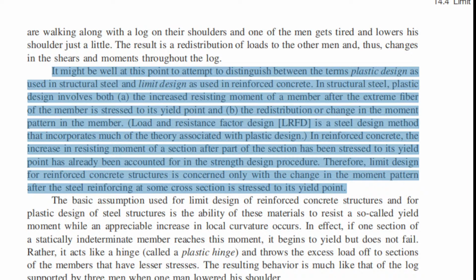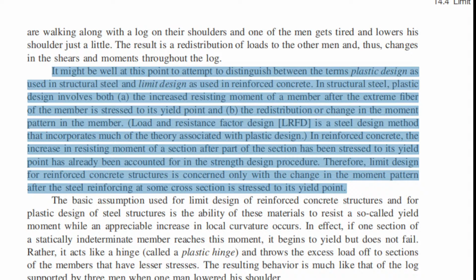So it is included already in the design procedure. So you don't need to reassess or make some modification in order to come up with a solution that would increase the resisting moment of the member.